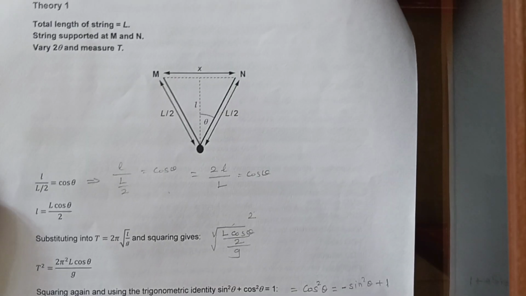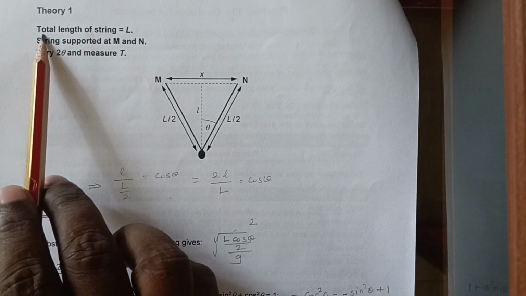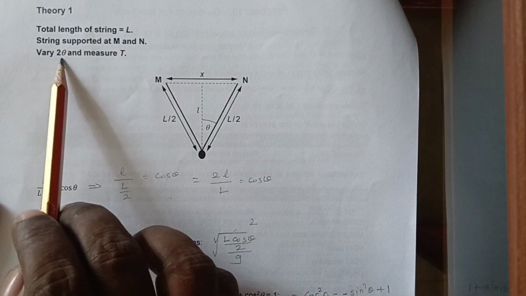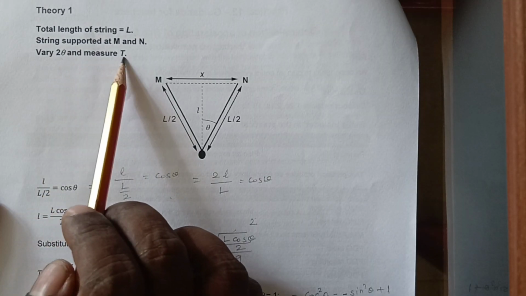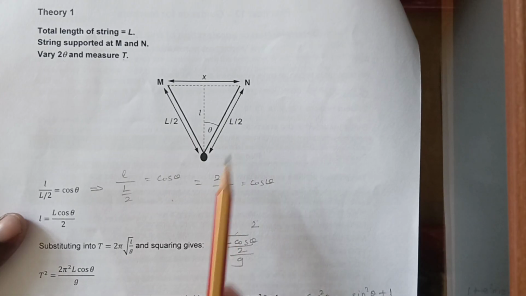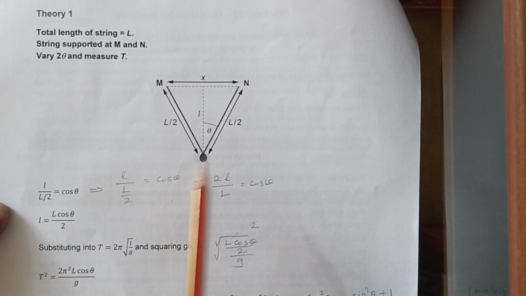In this way, you take readings for all the tables. Next, there is a theory. So the total length is L. The string is supported at M and N, vary theta and measure T, the time period of oscillations. You see here, L by 2 over capital L equals cos theta.